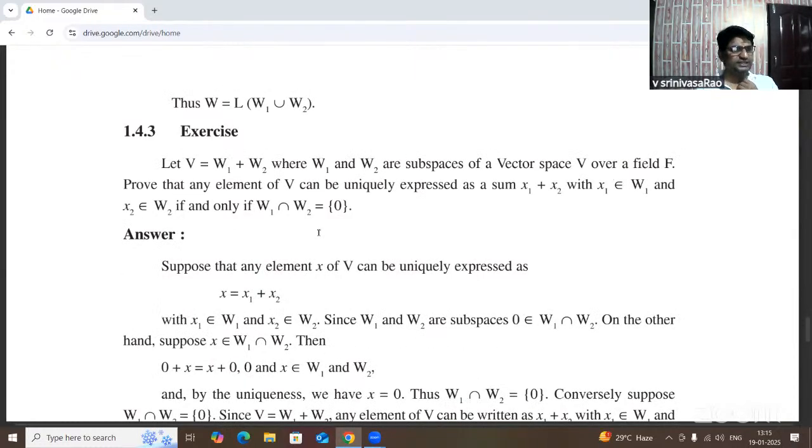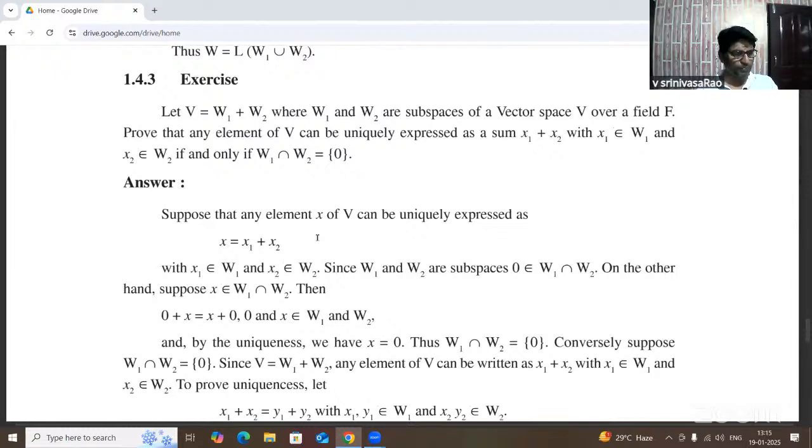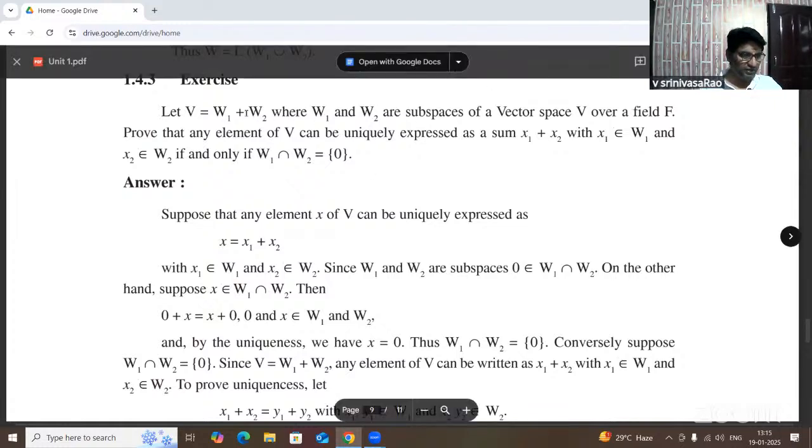So students, this is also one of the important results, 1.4.3. The intersection of any two subspaces equals the subspace generated by 0. See this one, that is a simple expression. The sum of the subspaces is denoted by V, so that vector space is equivalent to W1 plus W2, where W1 and W2 are both subspaces of a vector space.